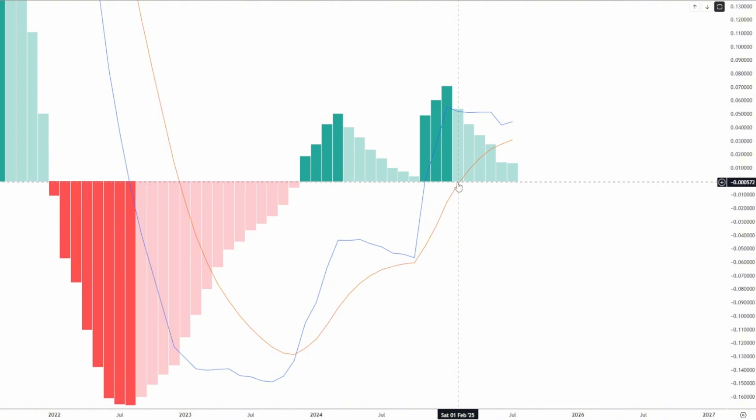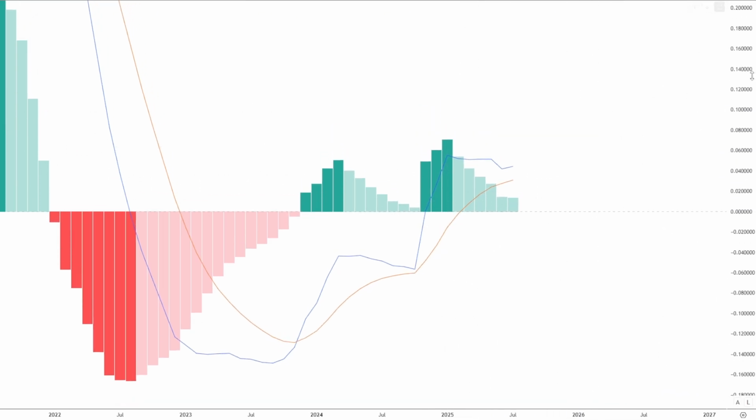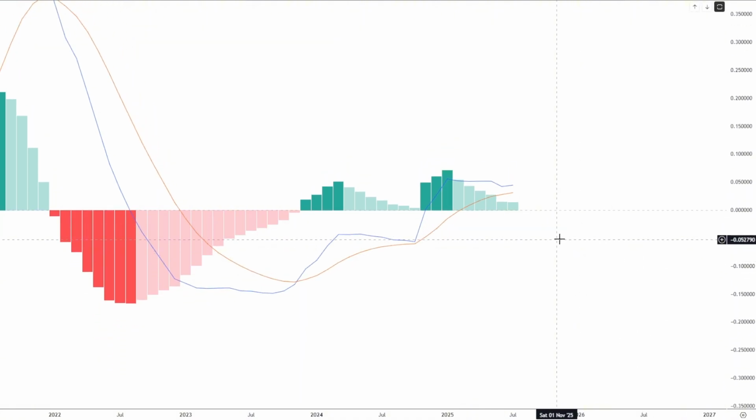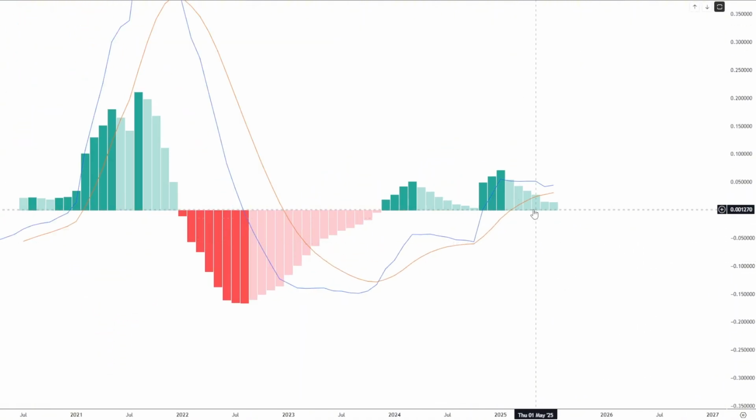I think it was February for the first time in this cycle. Both lines were above the zero line, right? And so you could say the bull market, momentum wise, just started. It's just picking up. So there should be another huge outbreak in momentum.